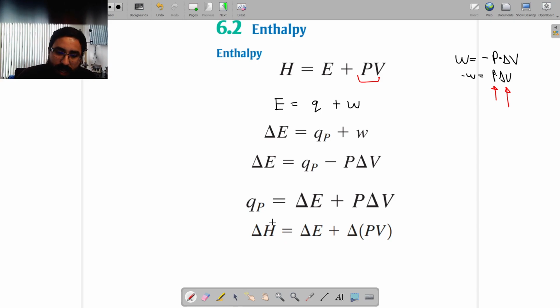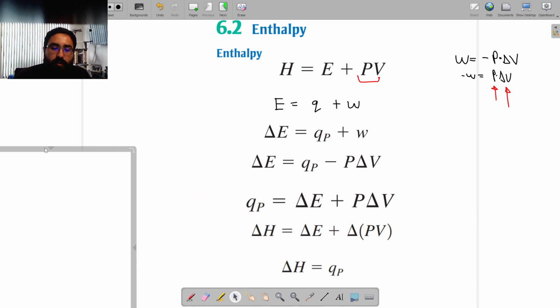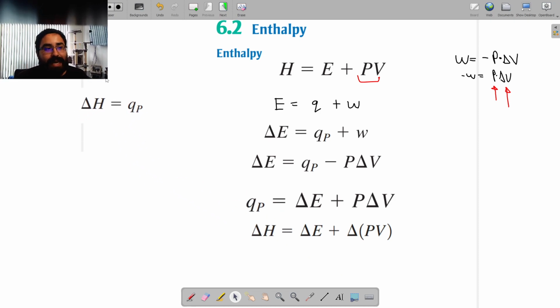And when we do that, our formulas begin to look very similar. So this tells us that our delta H and our Q_P are the same when pressure is constant. So enthalpy is the direction and the amount of heat that flows when pressure is constant.